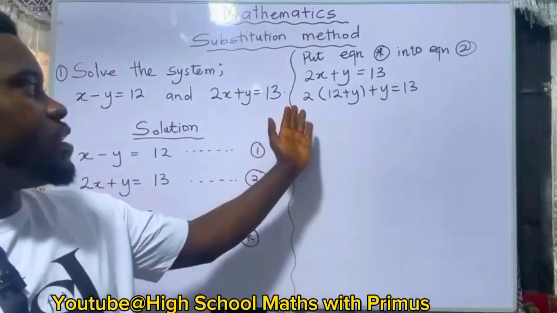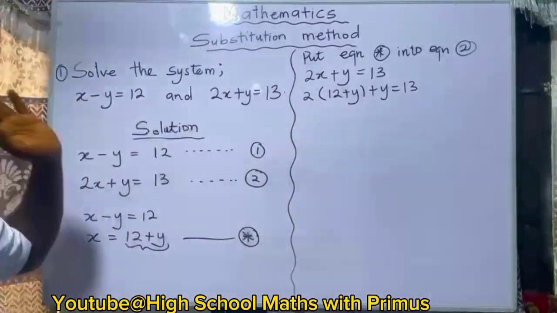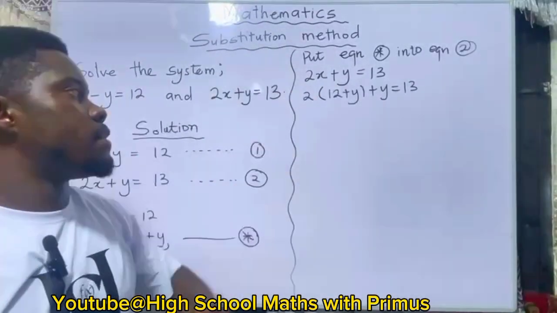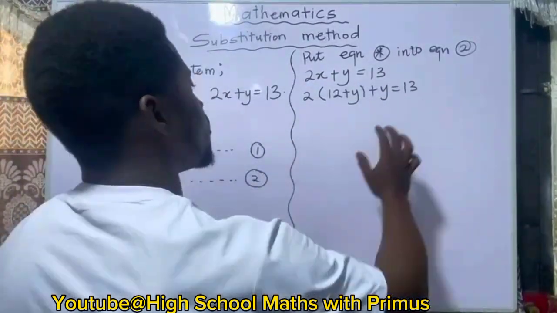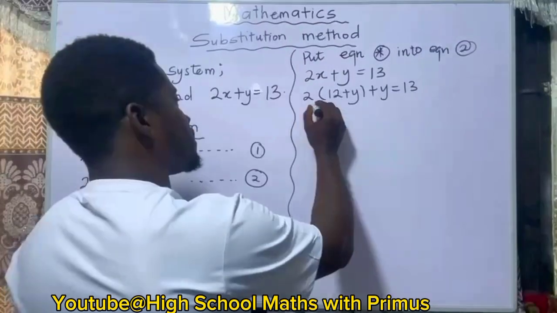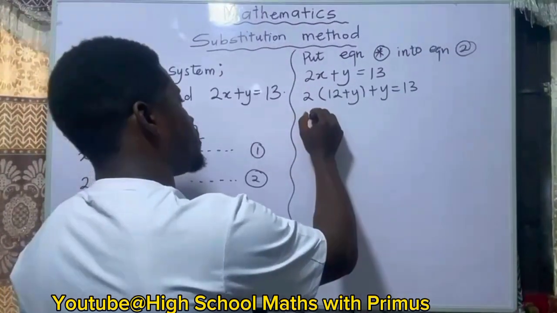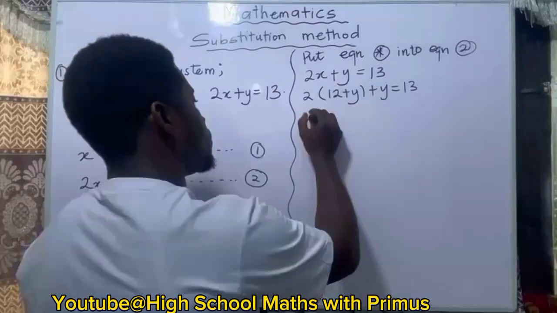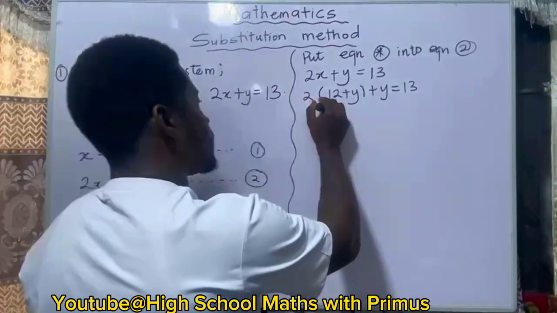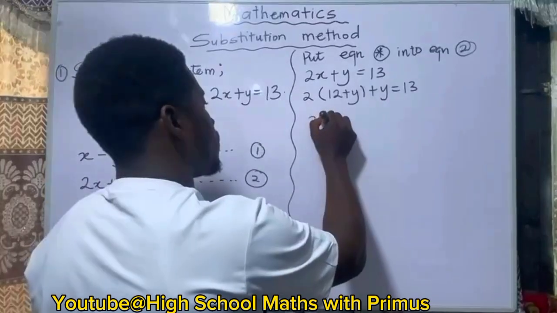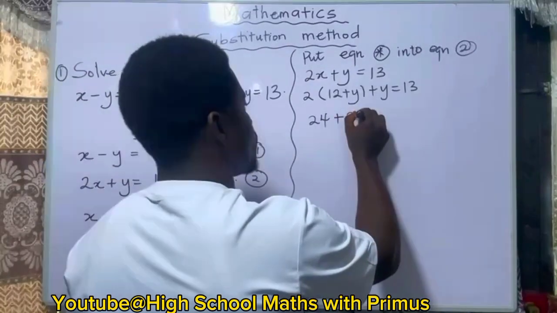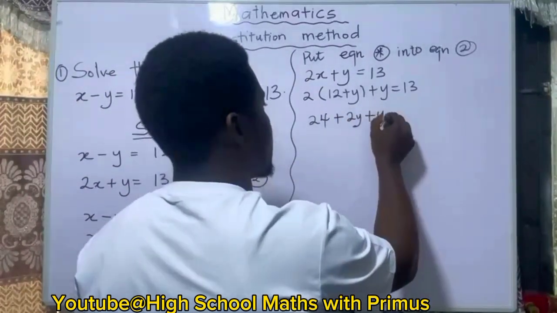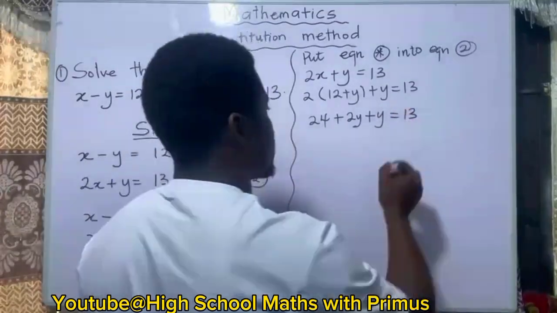From here, we could see that we have been able to eliminate x. Now it is left with y. So now it means that we can work to solve for the value of y. Let's open the bracket, expand the bracket by multiplying through by 2. So we have 2 times 12 giving me 24, 2 times y giving me 2y, plus y is equal to 13.